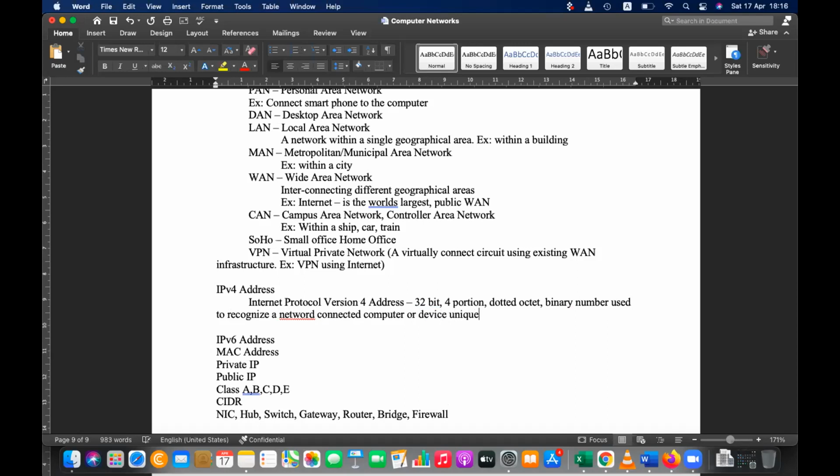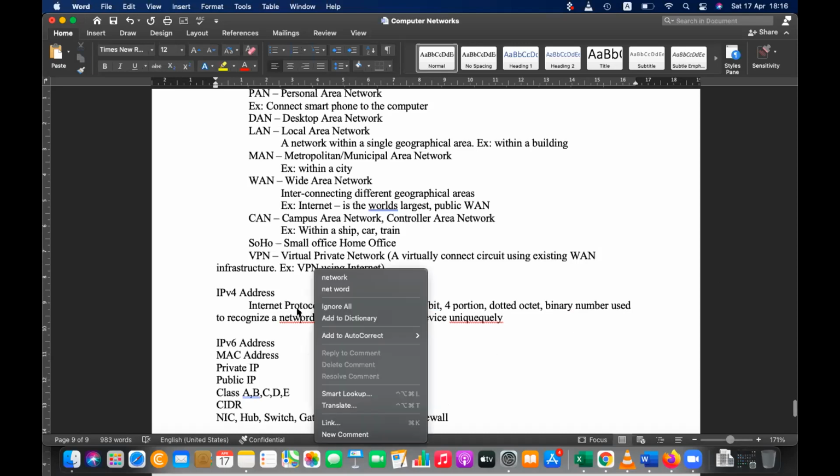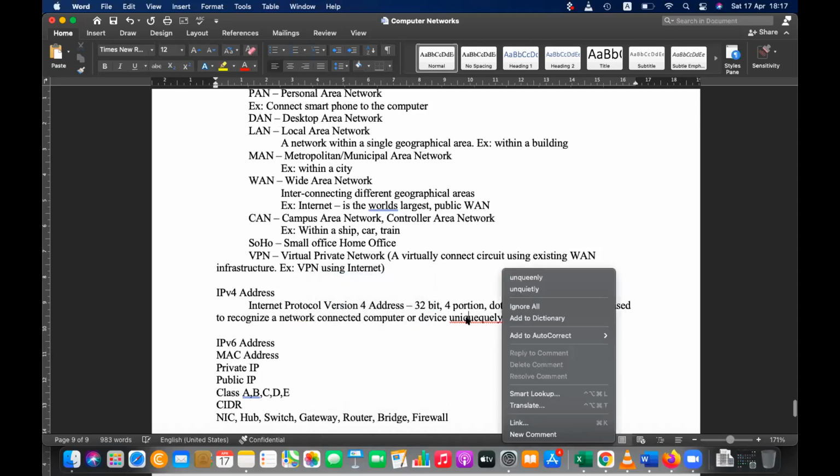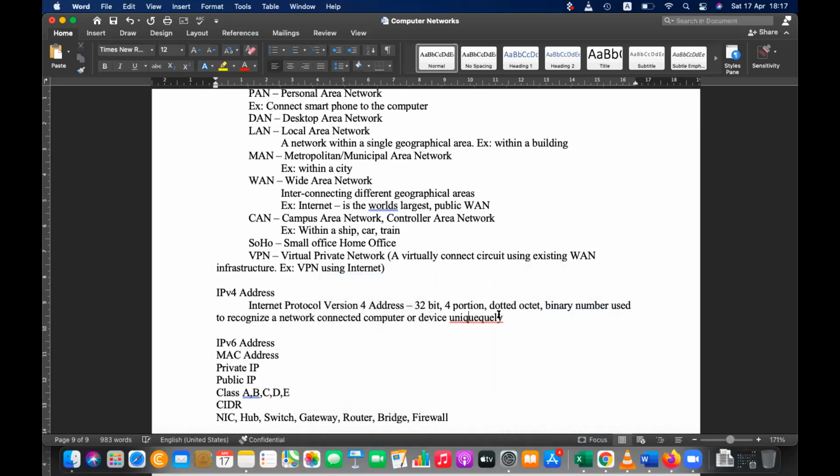If you want your network device to be recognized uniquely, you can use an IP address. It's similar to your phone number. A phone number can be used to identify your phone uniquely from among other phones. If you have multiple phone lines, and you have numbers assigned to them, you can use the numbers to recognize the mobile phone. Because devices and computers are number friendly, they like numbers.